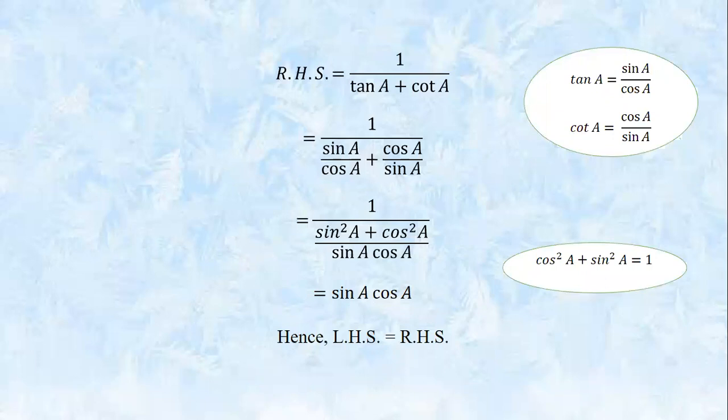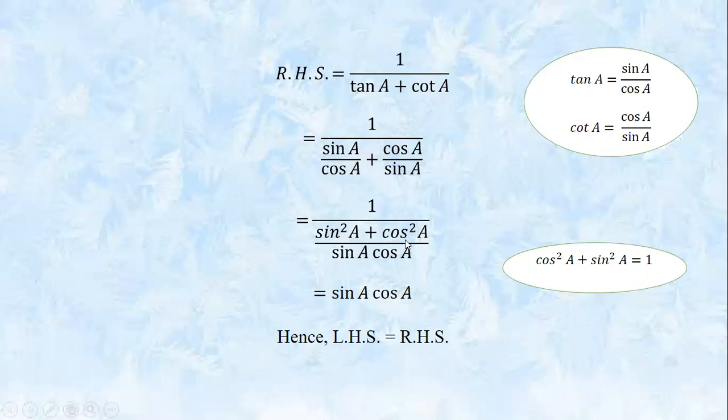Now let us consider the RHS: 1 by (tan A plus cot A). Again, we'll convert them to sin and cos. So 1 by (sin A by cos A plus cos A by sin A). Let us take the LCM of these two: (sin square A plus cos square A) divided by sin A cos A. We'll multiply with the reciprocal of the denominator.